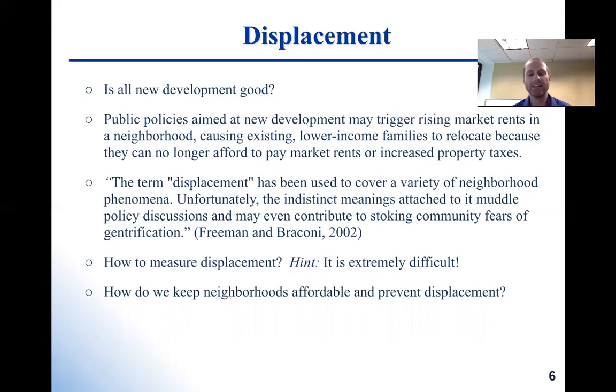Their incentive is that they get a significant tax break. The problem with this is when you have a bunch of new firms coming in to take advantage of the tax break, this is going to increase the demand for the local amenities. New workers may be coming in, and this is going to increase the rents in the neighborhood.